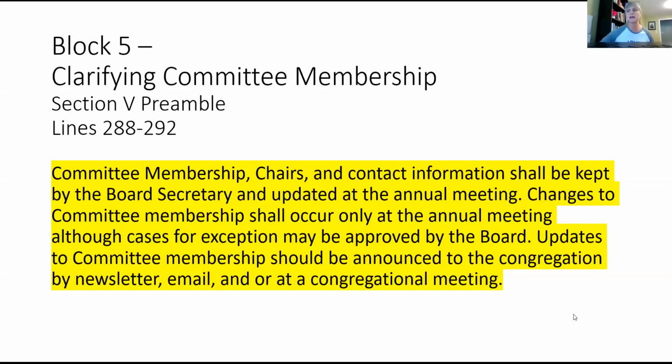Yeah, this actually doesn't distinguish between standing committees and non-elected committees. So anything like social justice where you have non-elected committees wouldn't be approved by the congregation in the first place. So this doesn't change that. But if there's an amendment to the wording, I'm happy to share that for everyone to see.